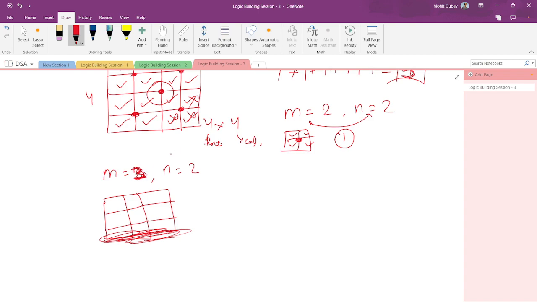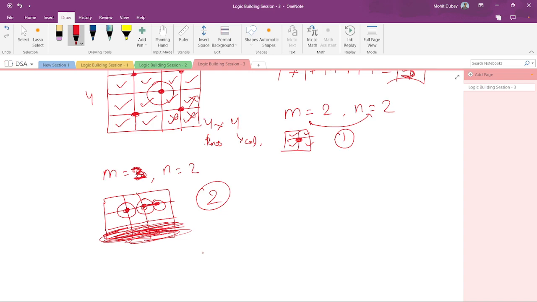I don't know why I'm getting confused, but okay, let's look at this. So I will be dropping here, or maybe here. These both are counted the same, right? So if I drop it here, I can cover these 4 bases. If I drop it here, I can cover these bases, or if I drop here, I can cover these bases, right? So both are the same. So do not think of this as different from this one. So can I say if m is 3 and n is 2, the answer in this case is 2.